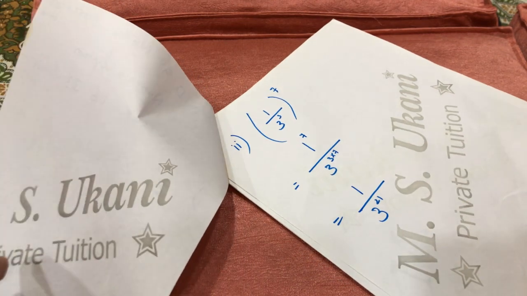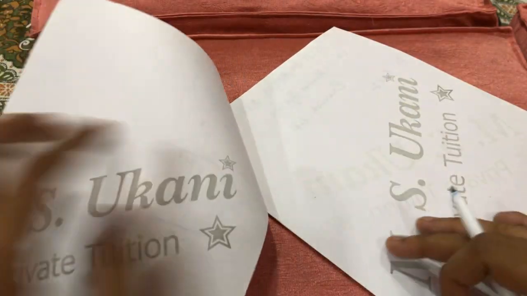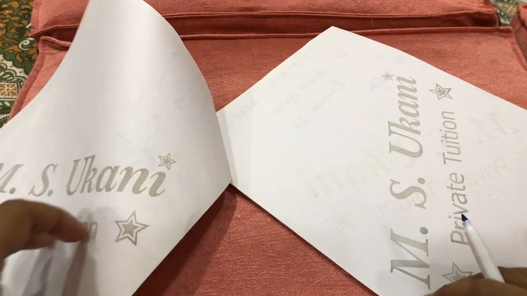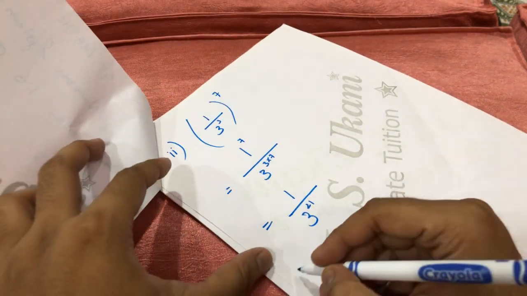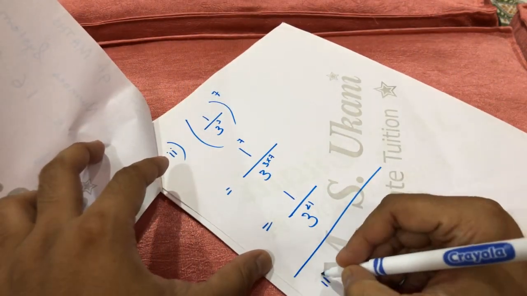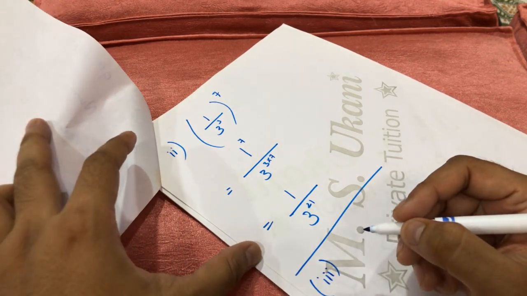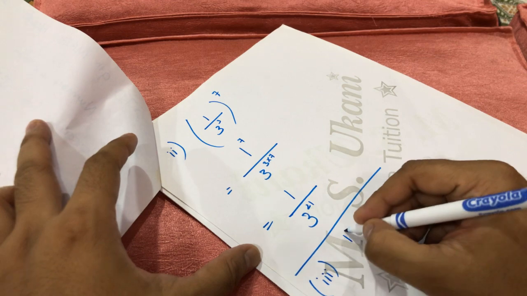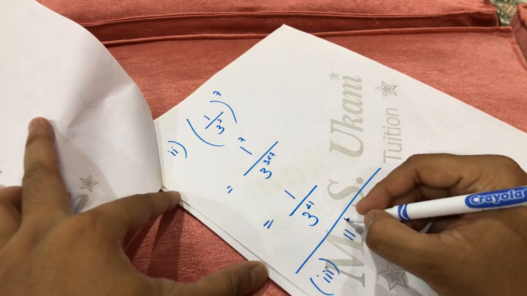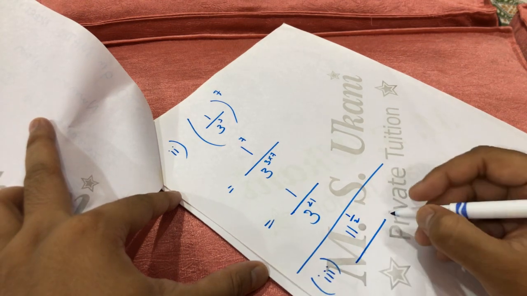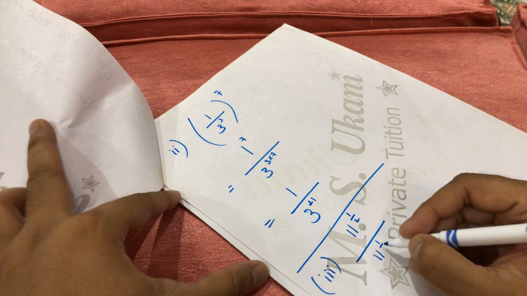Okay, now let us do the third one. Our third one is 11 raised to power 1 upon 2 divided by 11 raised to power 1 upon 4.